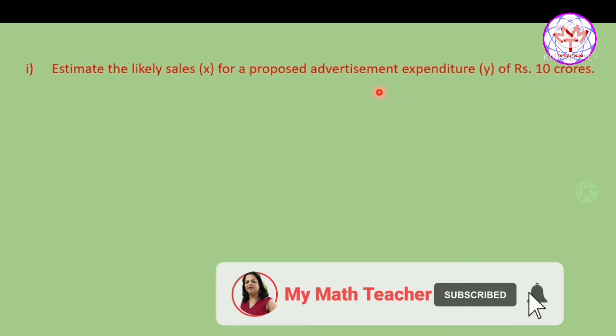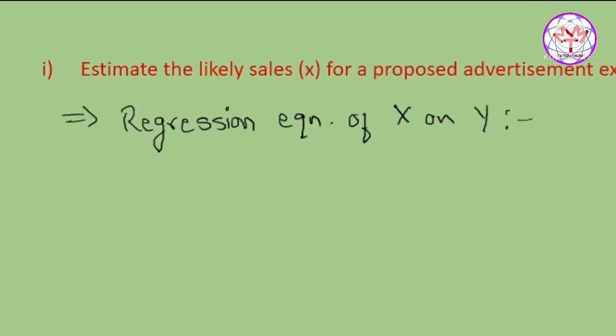So we'll need to find the regression equation of X on Y. So let us write. So we all know regression equation of X on Y is X is equal to A dash plus BXY into Y. Correct? So we need to first find the value of BXY and A dash.